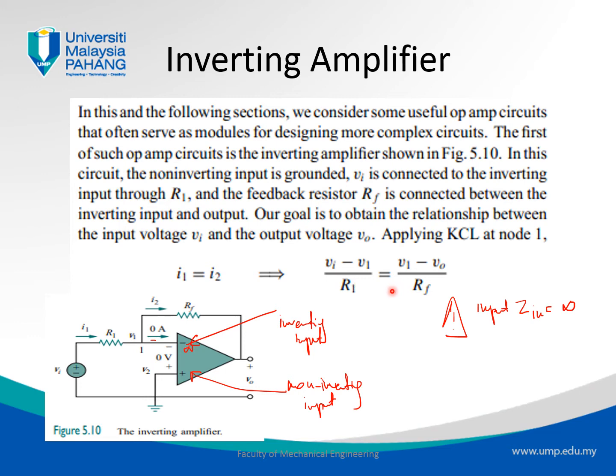As for I2, it is the current that goes across RF. By Ohm's law again, there will be a voltage across RF, and this current I2 will be equal to the voltage across RF divided by RF. Of course, the voltage should be in the opposite direction of the current. Previously we had VR1, and now this whole thing is VRF.